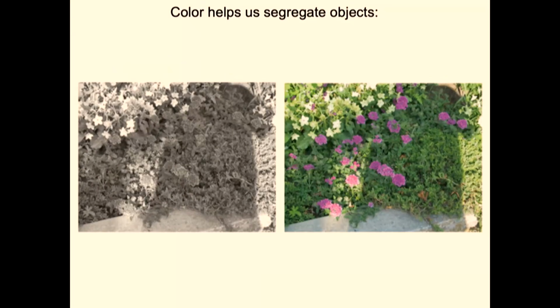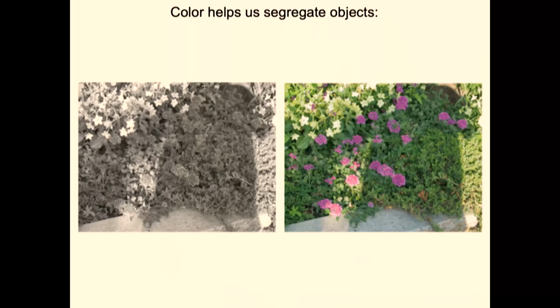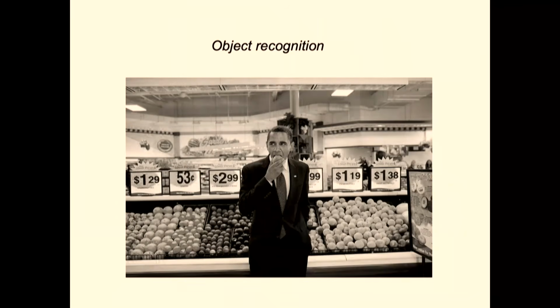Here's two different versions of the same image, a black and white version and a color version. And it's much, much easier to see the flowers in the color version than the black and white version. So color serves to help us segregate objects. It also helps us with object recognition. So if you had to identify what type of fruit our former president is eating here, you would have a hard time. But when we add color to the image, it becomes a lot easier to make out.